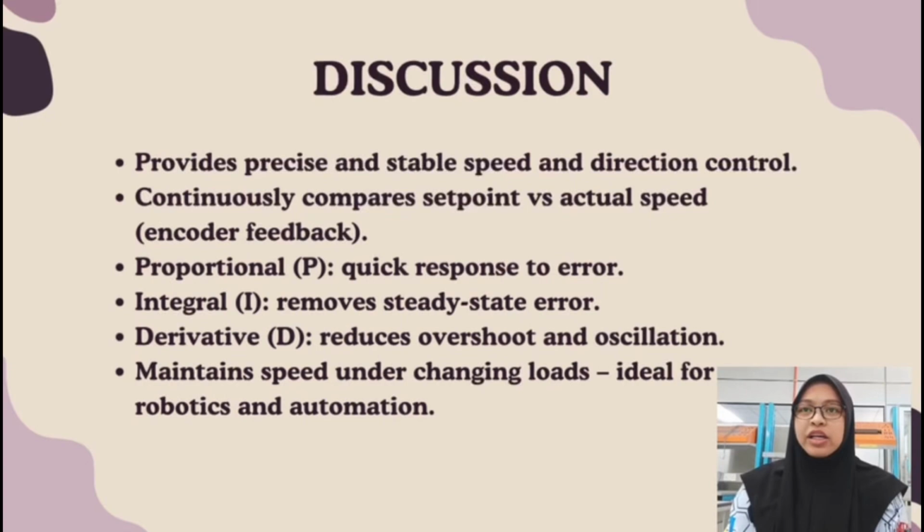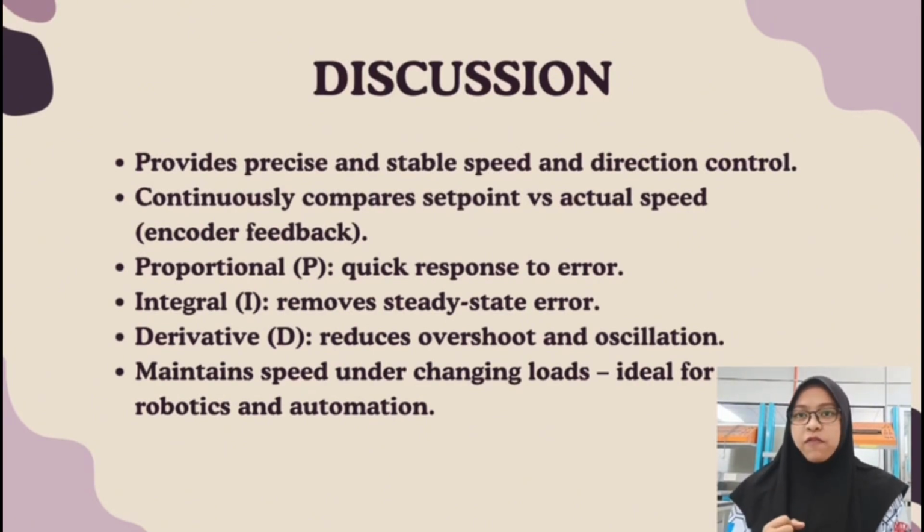Now, I will explain the discussion based on our project result. Firstly, our project provides precise and stable speed and direction control, ensuring that the motor performs accurately across various applications. The system continuously compares the set point against the actual speed using encoder feedback, allowing real-time adjustment to maintain consistent operation.